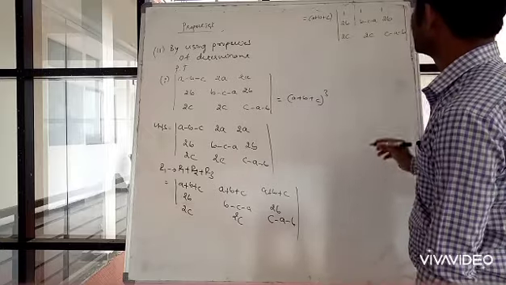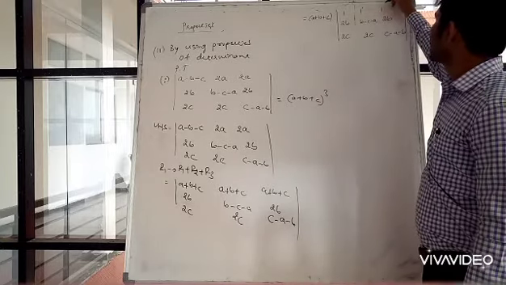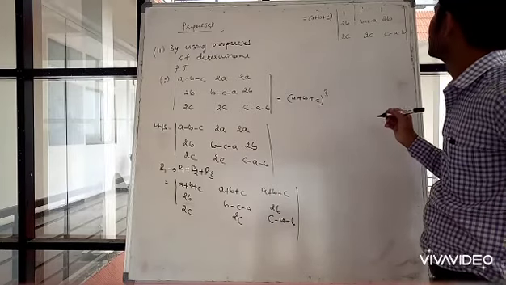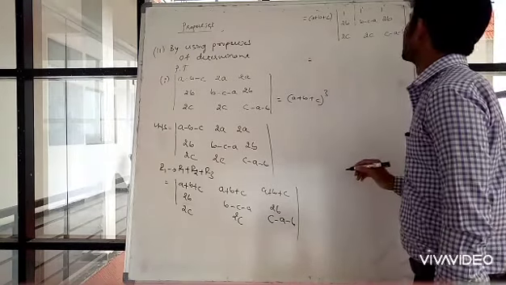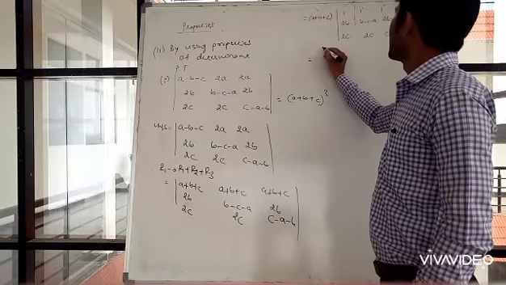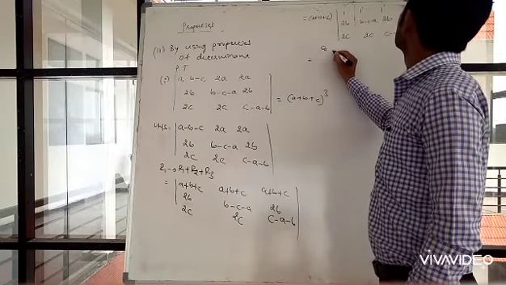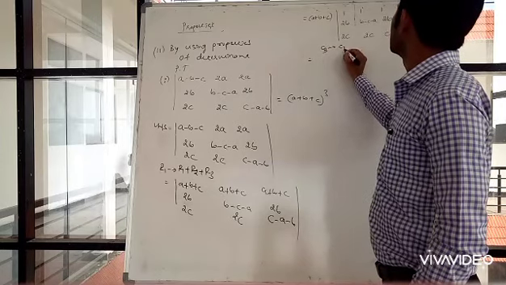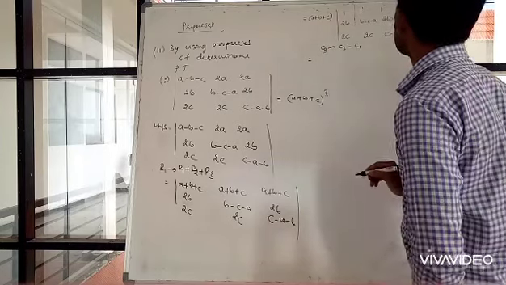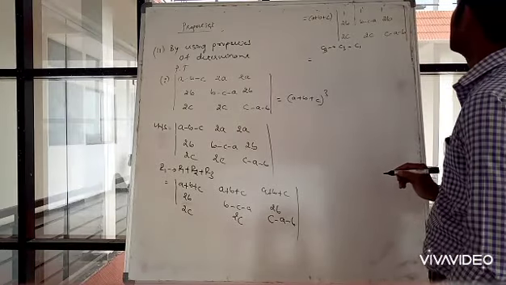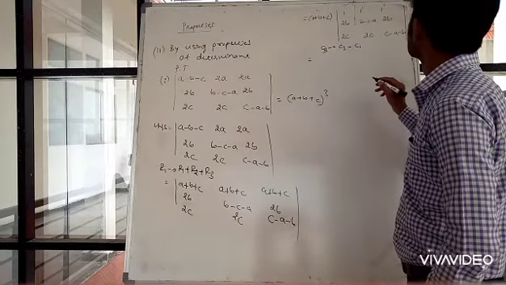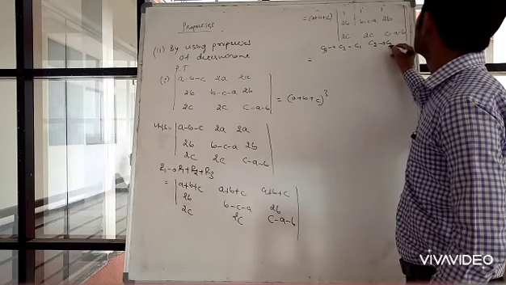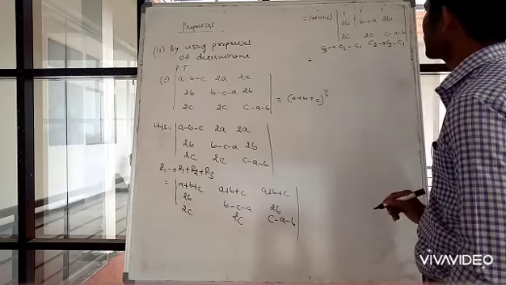Then next thing is, make these two as 0. If you make them 0, it will be easy for calculation. For that, C3 implies C3 minus C1, or C2 implies C2 minus C1. Okay.